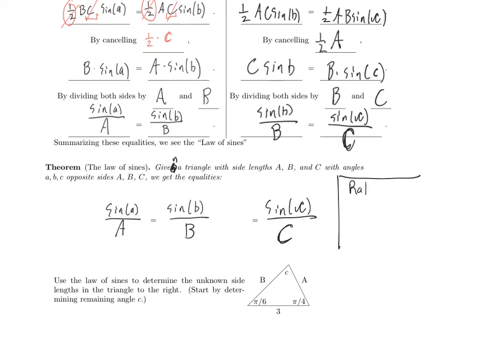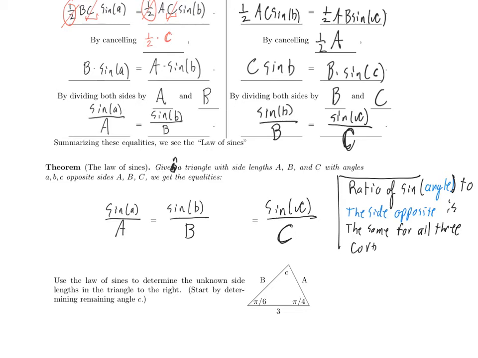This is saying a ratio of the sine of an angle to the side opposite is the same for all three corners of a triangle.